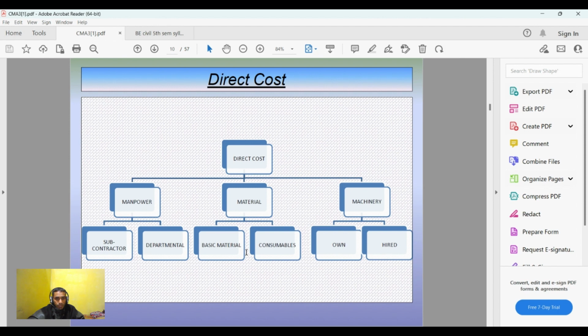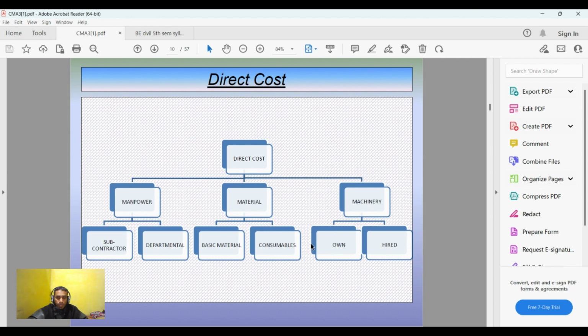Then under materials we have basic materials, like cement, steel, etc. Consumables, those which get consumed from time to time. Okay, steel, cement, etc. get consumed from time to time. Basic materials may also include materials like the basic food which is required for the laborers or for other engineers.